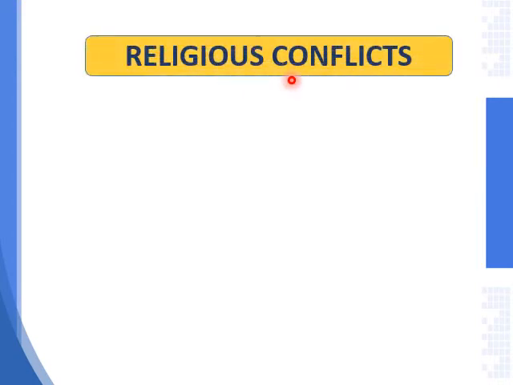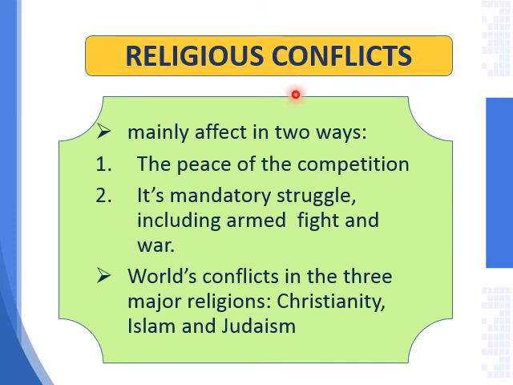Religious conflicts. Believe it or not, this type of conflict mainly affects in 2 ways. First, the piece of competition. They compete to be the best religion in the world. Second, it is mandatory struggle, including armed fight and war.